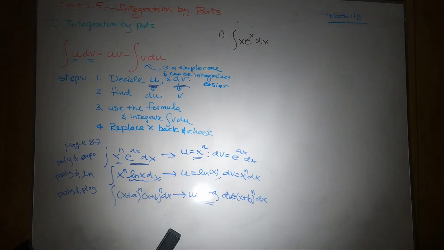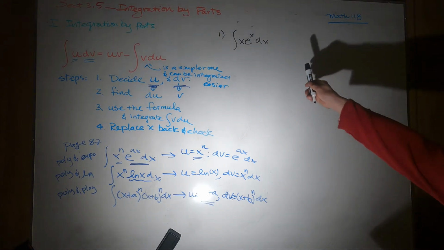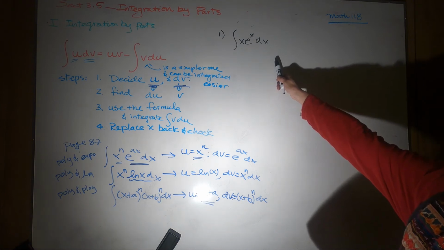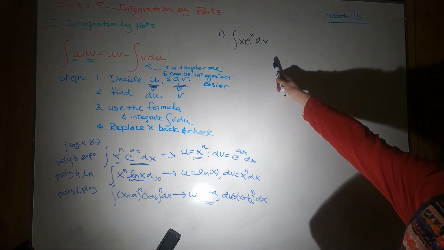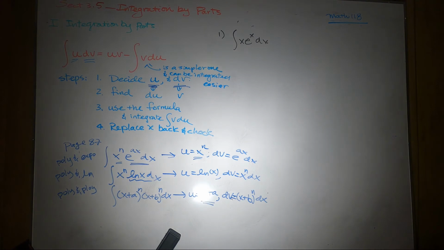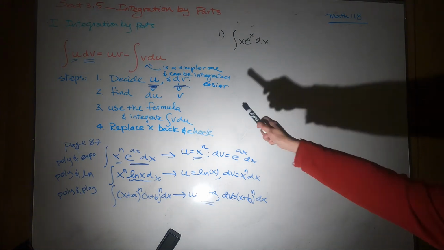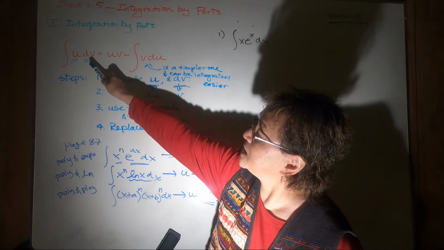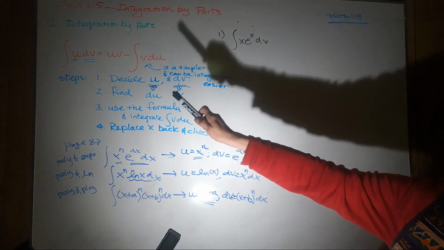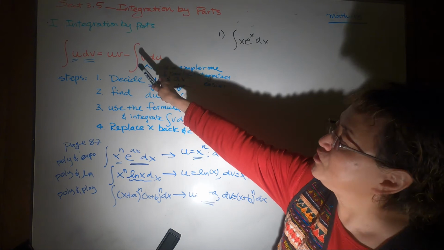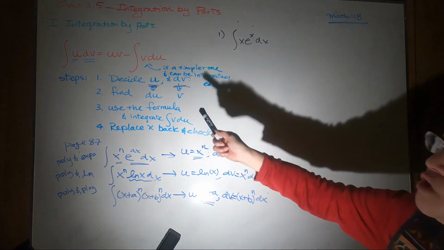All right? So, if we do the example, this one, we are going to do it by integration by parts. So we have to have one part as u and one part as dv, like here. Then we will transform it to become uv minus the integral of v du.